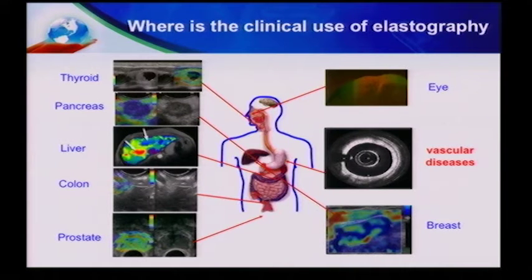So with that introduction, what I want to look at is why we want to do that, and what the advantage is of using optical coherence tomography to look at tissue mechanical property. Traditionally, there are already commercial systems, for example ultrasound and MRI, which quantify tissue mechanical property for disease diagnosis in the pancreas, liver, thyroid, colon, prostate, and so on.